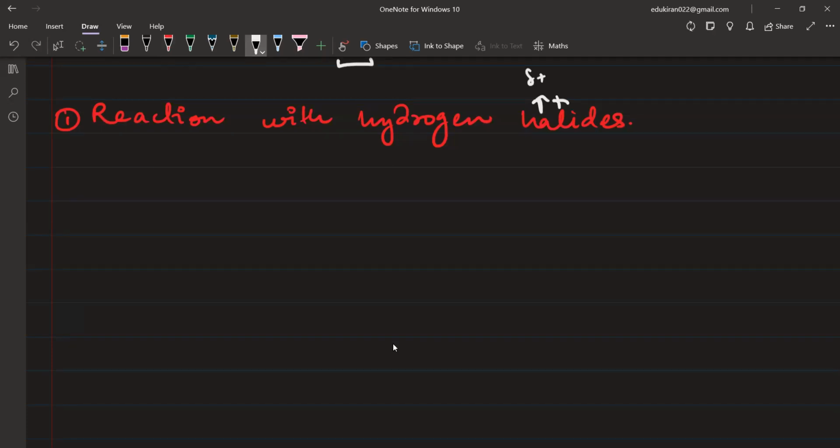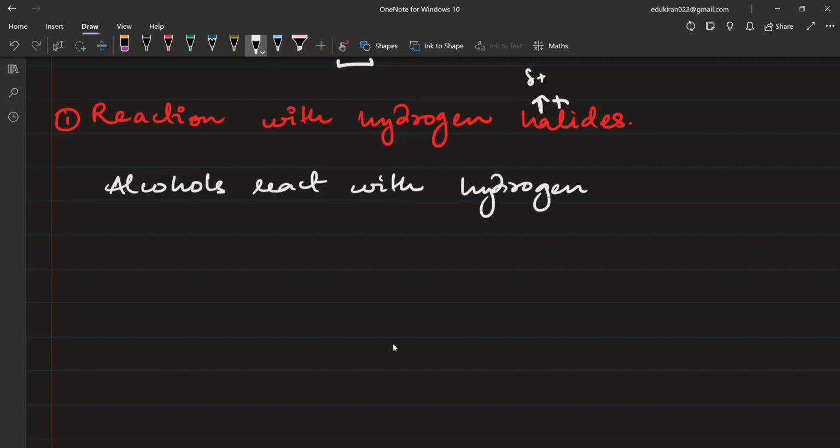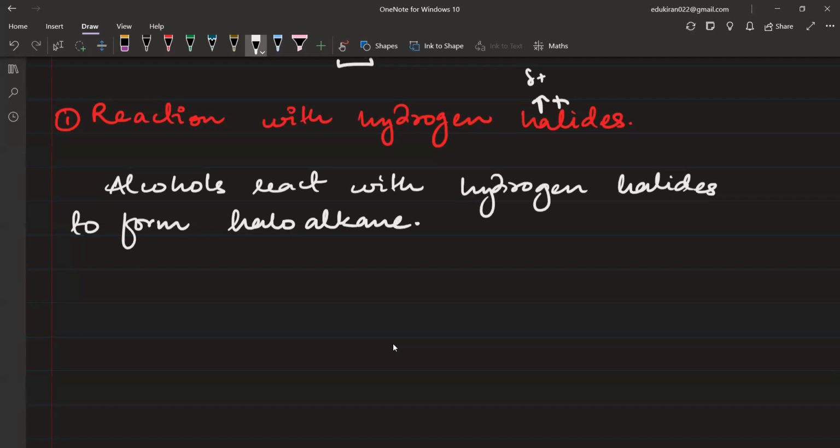Please write: alcohols react with hydrogen halide to form haloalkane. We have already seen this in the preparation of haloalkane.